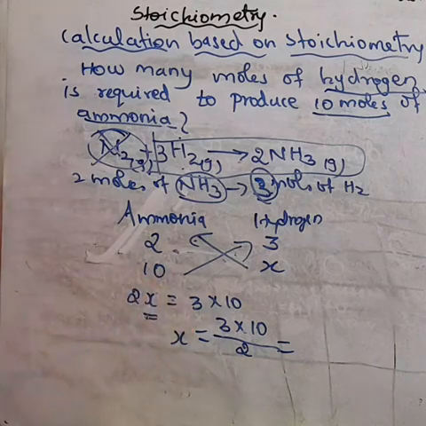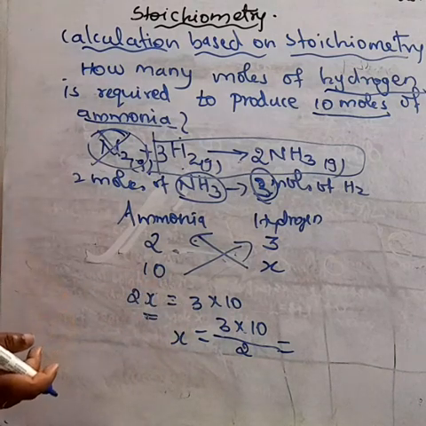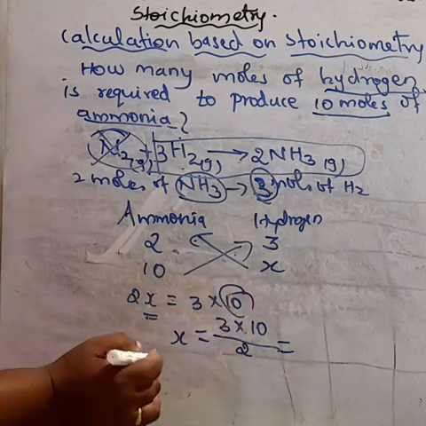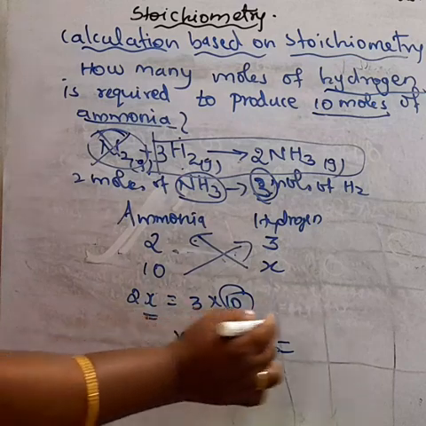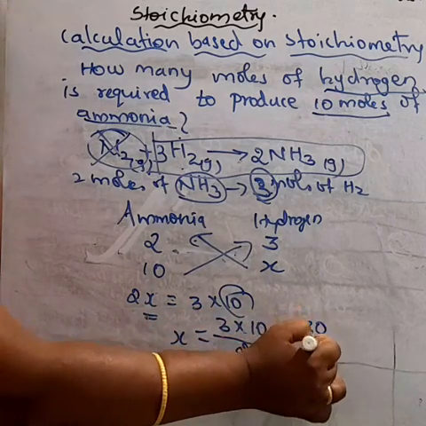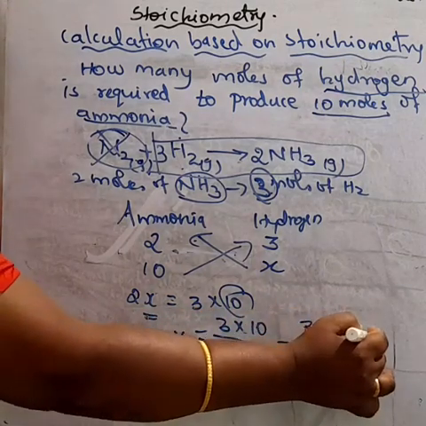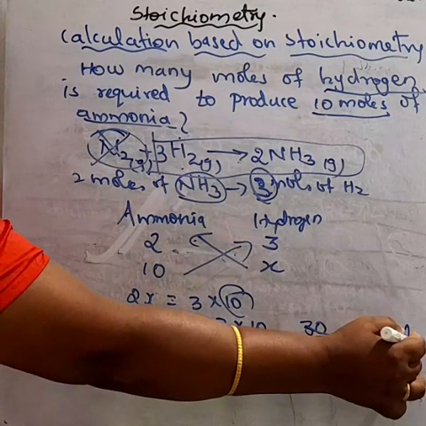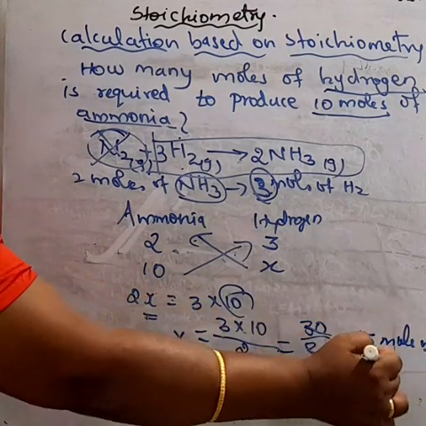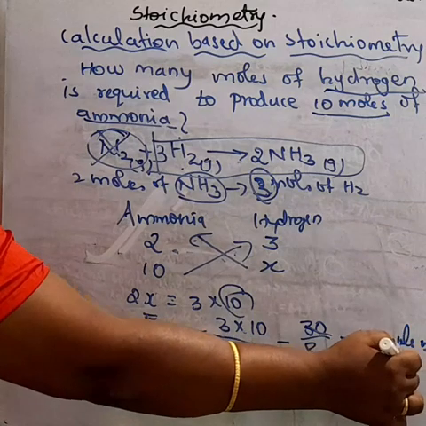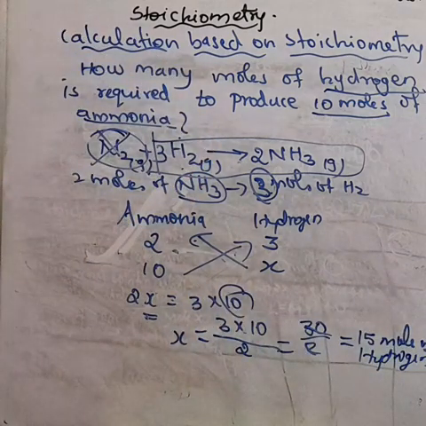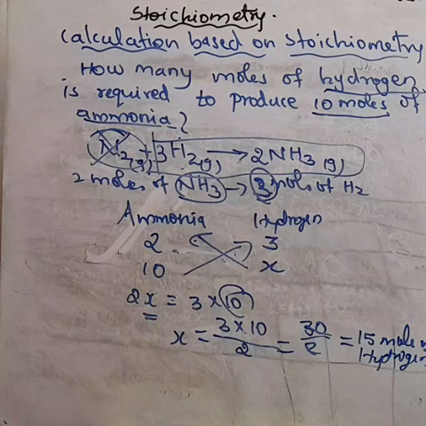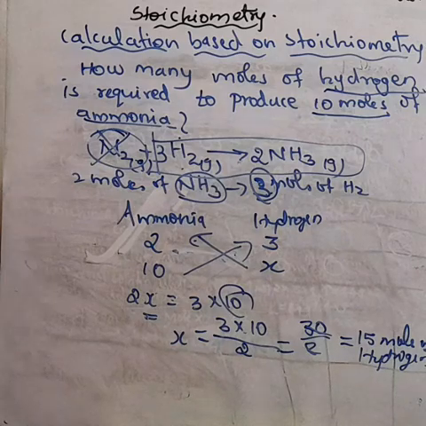By dividing and multiplying, we get 15 moles of hydrogen. 15 moles of hydrogen are required to produce 10 moles of ammonia. Understood, students?